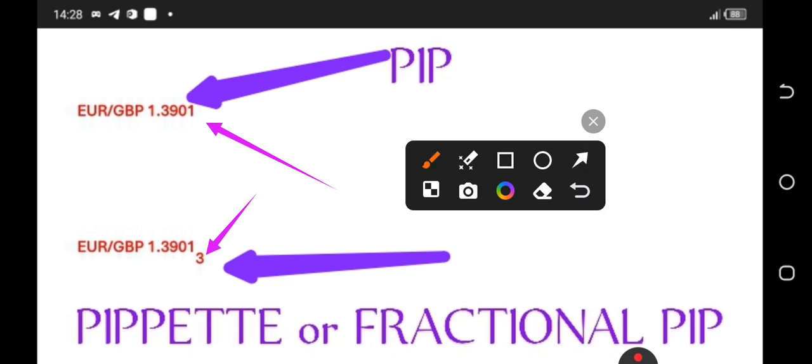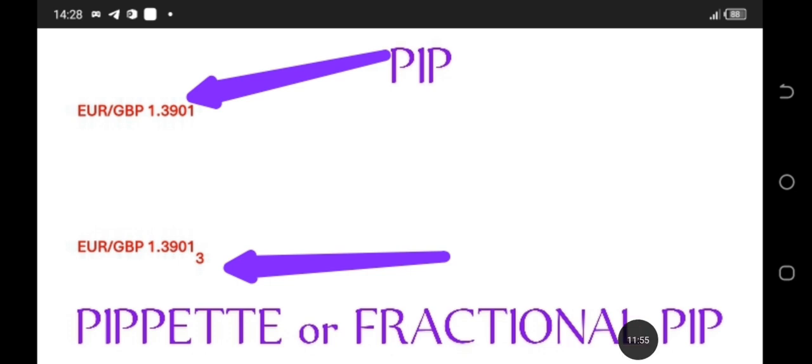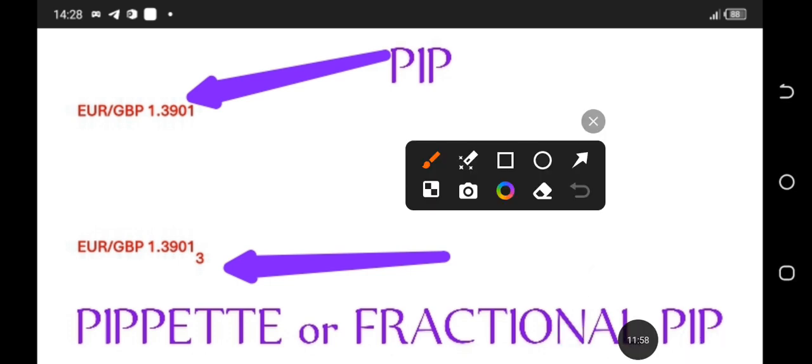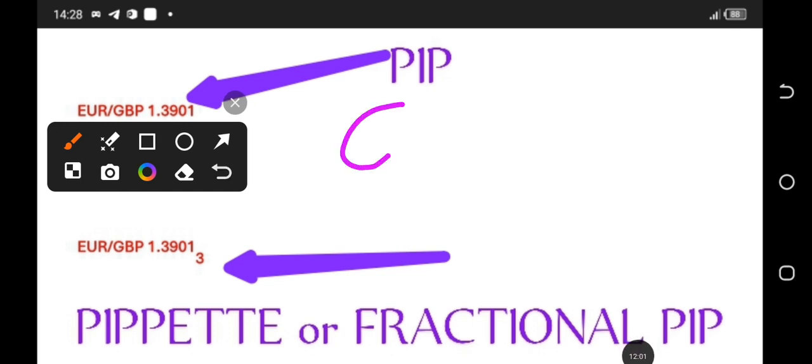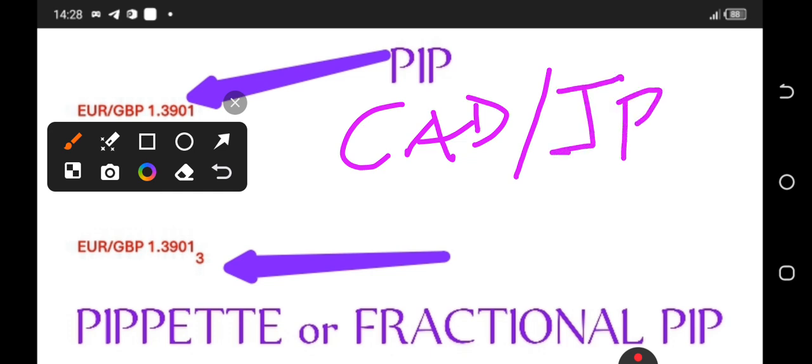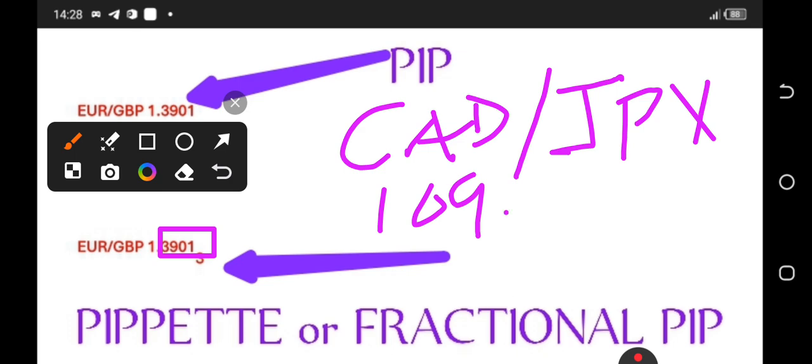But for the Japanese yen, any currency pair attached to the Japanese yen, like let's say Canadian dollar against JPY, for example CAD JPY, instead of having 4 digits after the decimal point, we usually will have something like just 109 point, let's say 59.